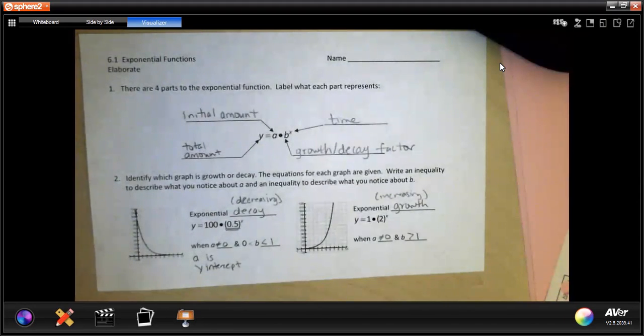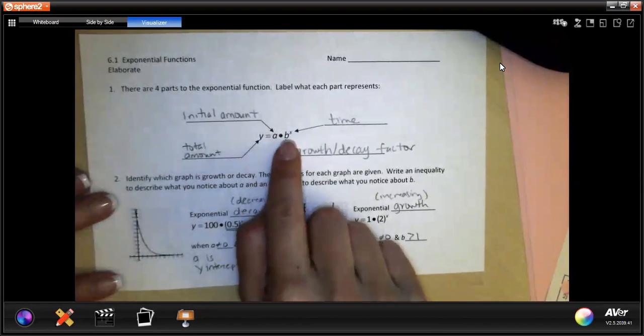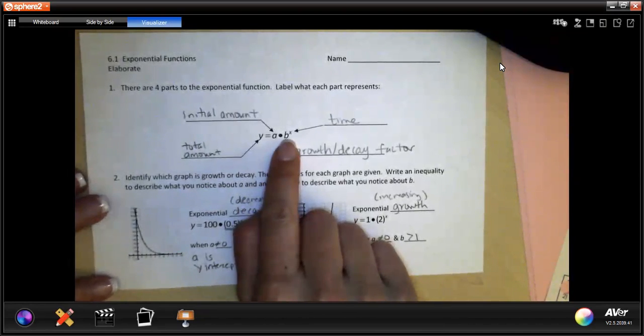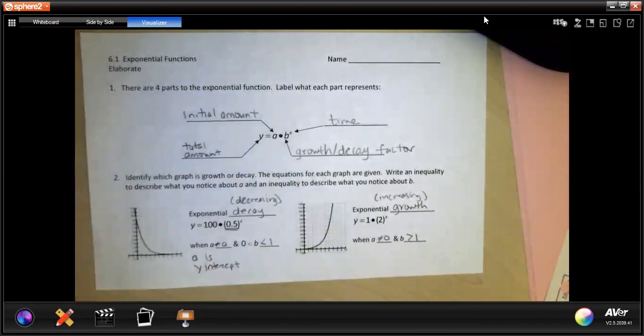So that is our growth and decay models. You just saw the one with the M&M as it was growing and decreasing. Make sure you understand that this b value is that growth or decay factor, and it tells you which one it is.